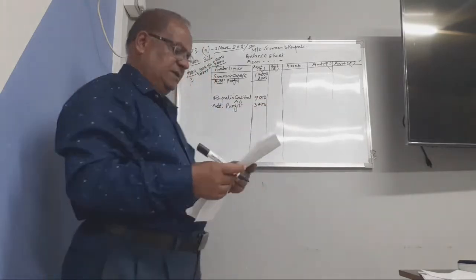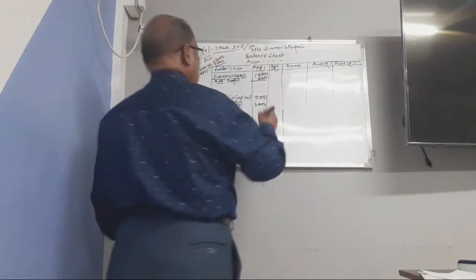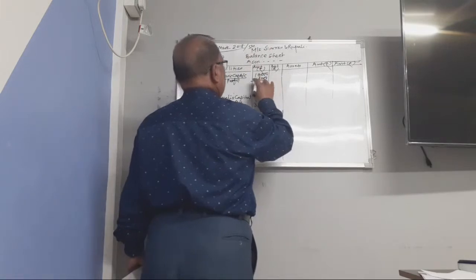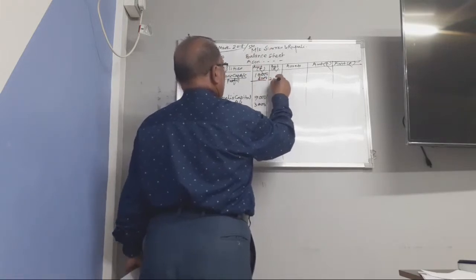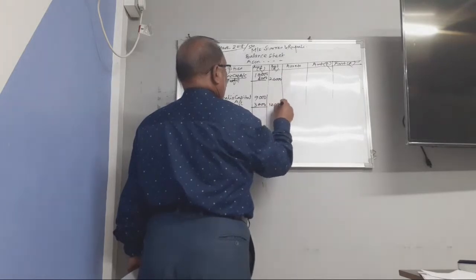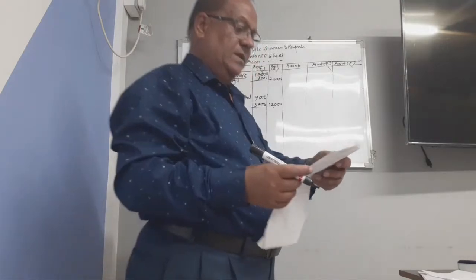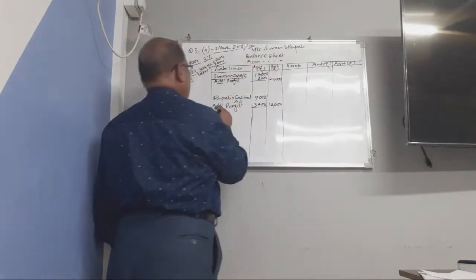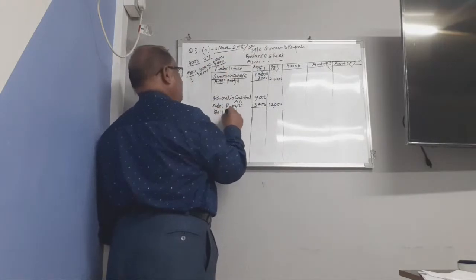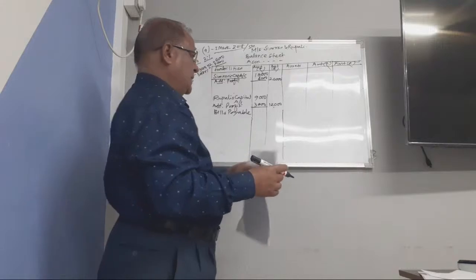Now we take the totals and put them out here. 18 plus 6 is 24,000, and this is 12,000 for Rupali. Simran will get 24,000 there. Then after that, bills payable, which is given to us in the information. The amount of bills payable is 4,000.